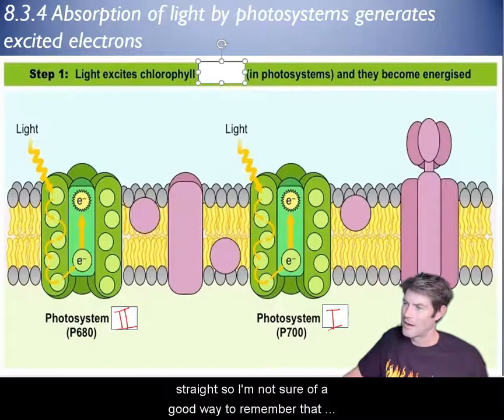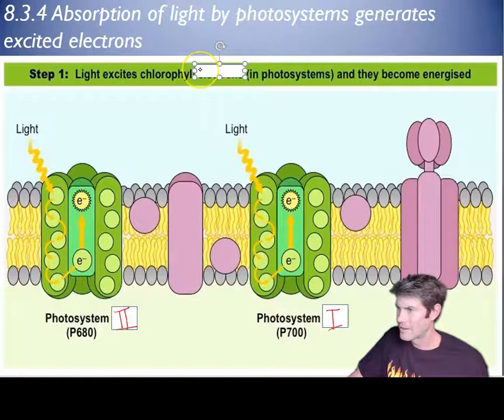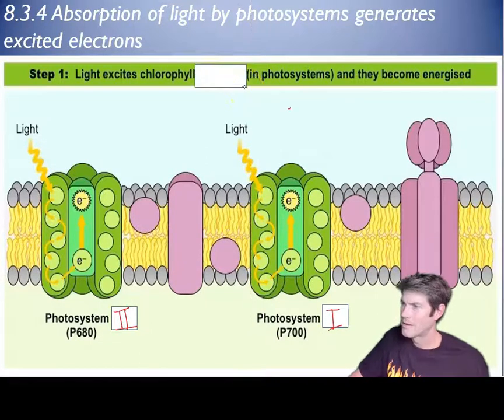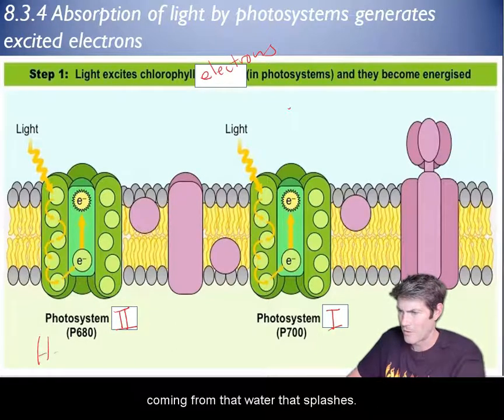I'm not sure of a good way to remember that, but basically, light excites chlorophyll electrons. And they become energized. All right, and these electrons are coming from that water that's split.